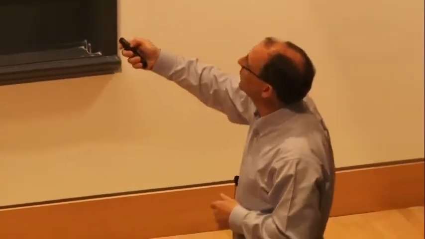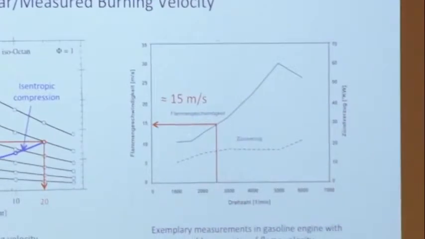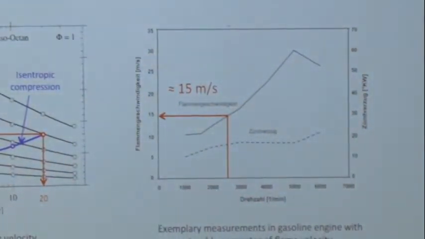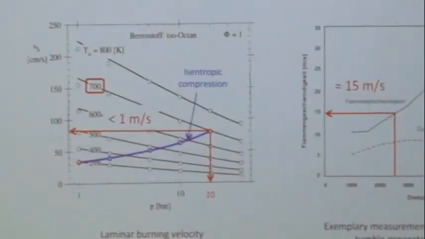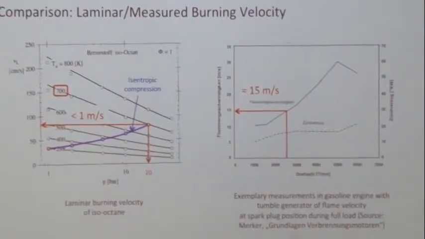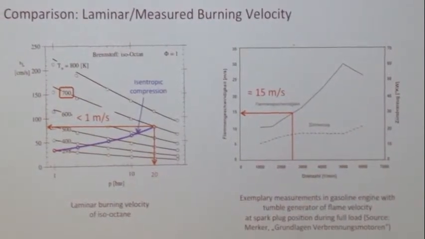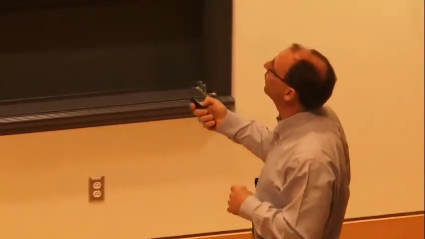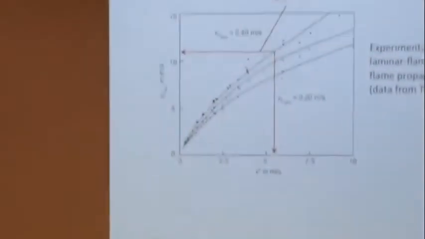And so you see here, at this speed, it's roughly 15 meters per second. So here we have less than 1 meter per second as the laminar burning velocity at these conditions, and 15 meters per second is the measured one. So it's very obvious, no, you cannot neglect this. This is a huge effect. It's more like a factor of 15 or whatever. So it's a very important thing to model.